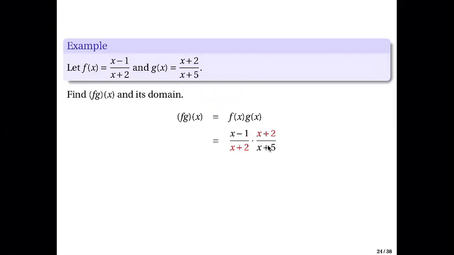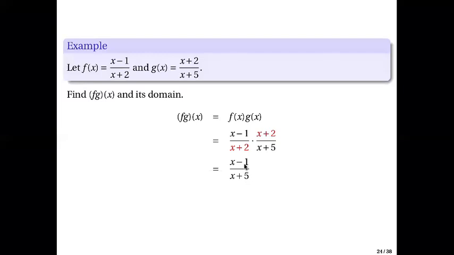But notice, if you multiply them, x plus 2 here will cancel. The simplified version of f of x times g of x will be x minus 1 over x plus 5.